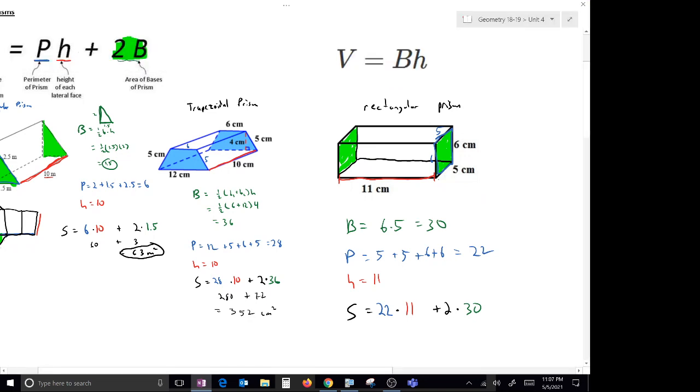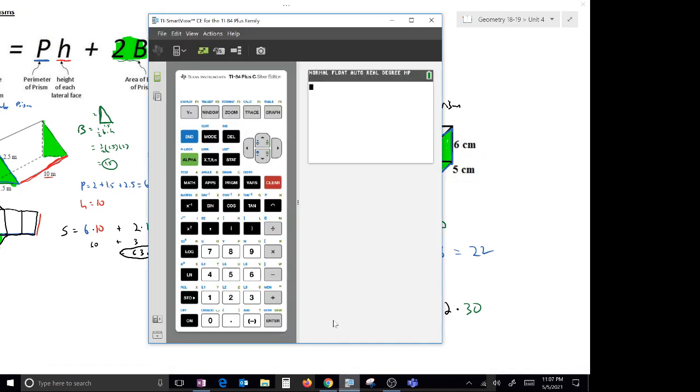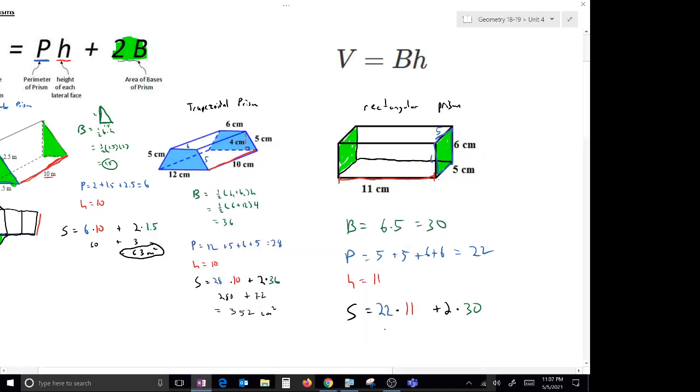So 22 times 11, that's going to be, my mental math is running out, 242. And then 2 times 30 is 60, so add those together and we get 302 centimeters squared. Okay, and those are how we do surface area.